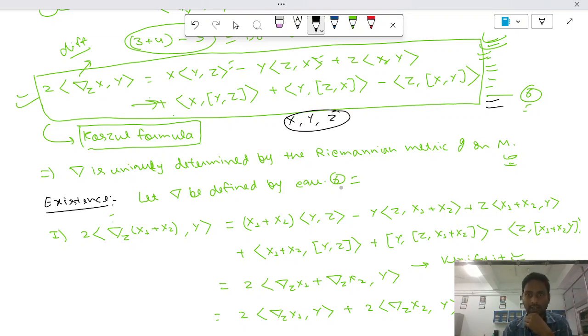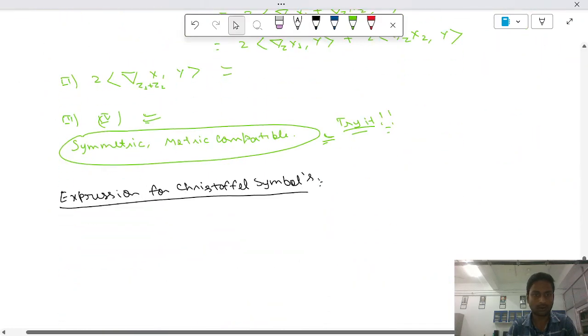Now let's ask the question: what would happen if, instead of taking general global vector fields x, y, z, I take these basis vectors, del over del xi, del over del xj, and del over del xk? This should give us some kind of local expression.